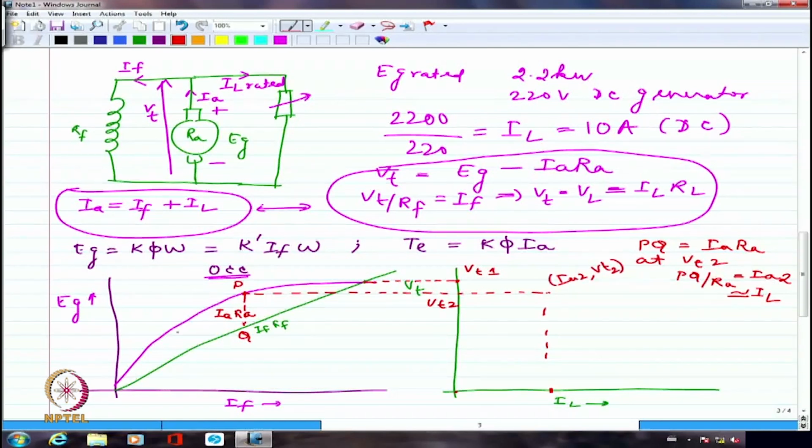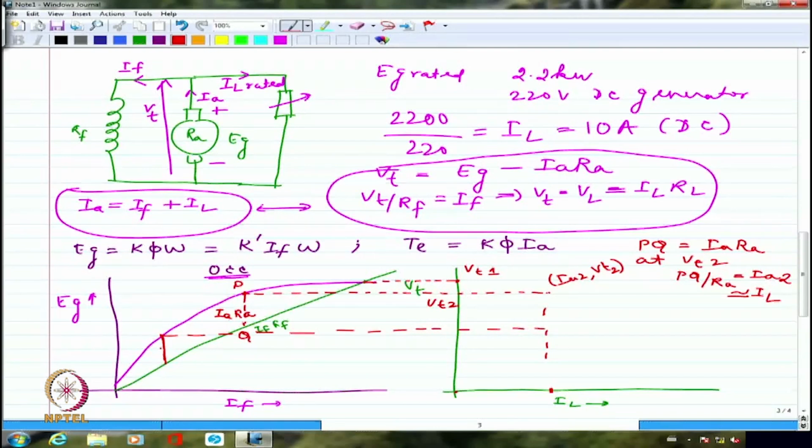Similarly, I can take the third point. Maybe let me take the third point here. What I have is this much as the leverage, and that corresponds to the IA-RA drop. So I have this as the IA-RA drop, and this IA-RA drop.